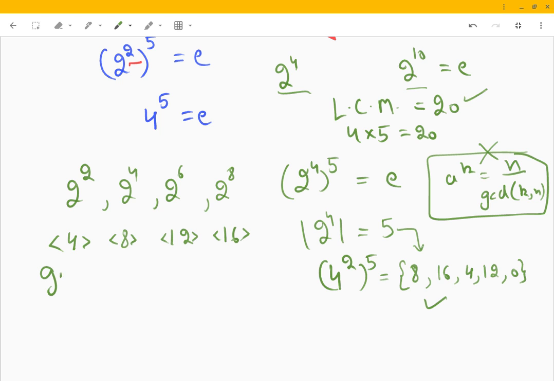Shall I write it? Generators of subgroup of order 5. Now we have covered the subgroups of order 5, order 2, order 10.